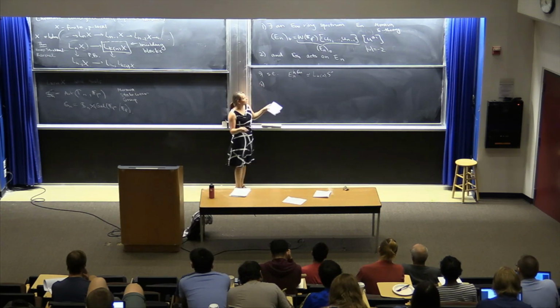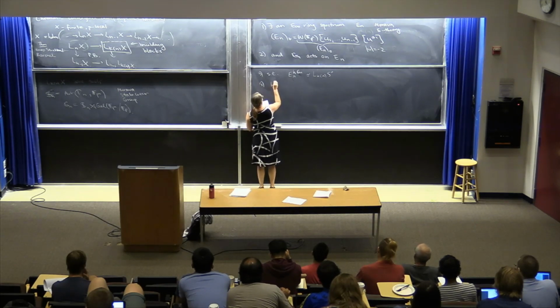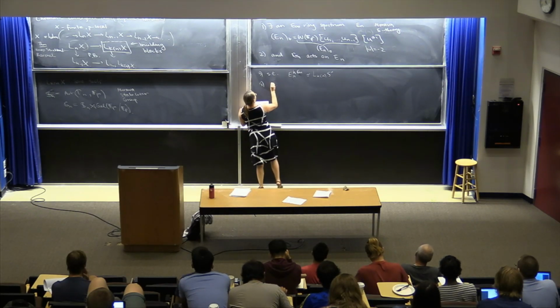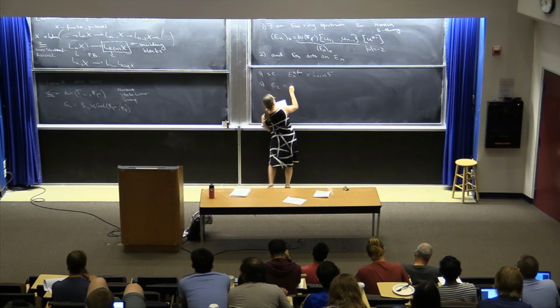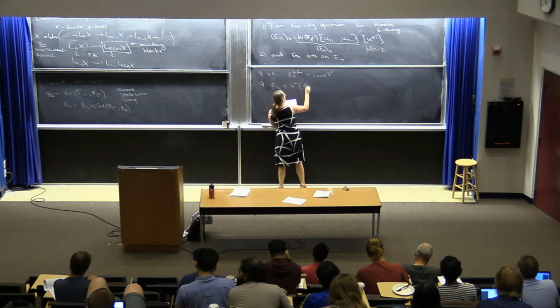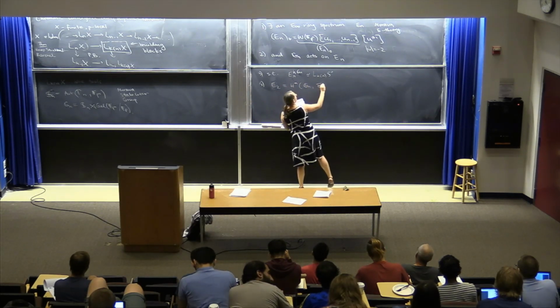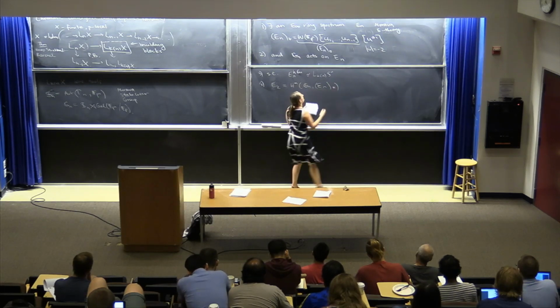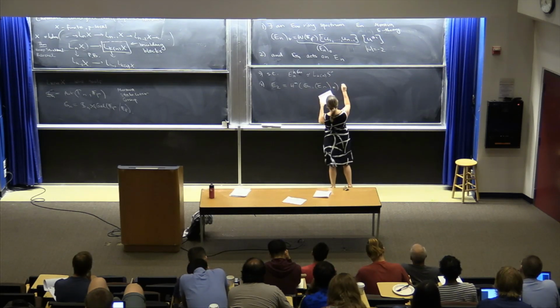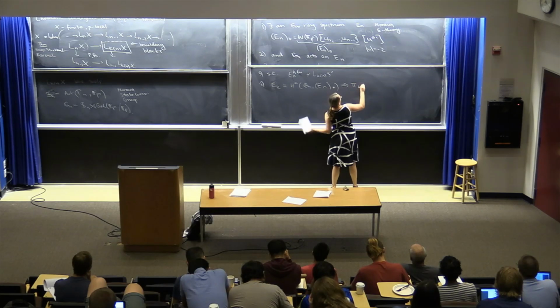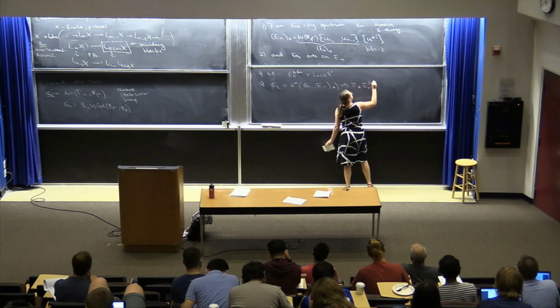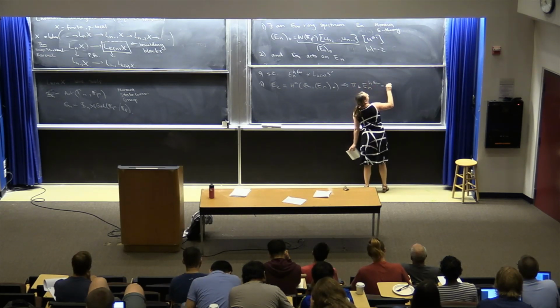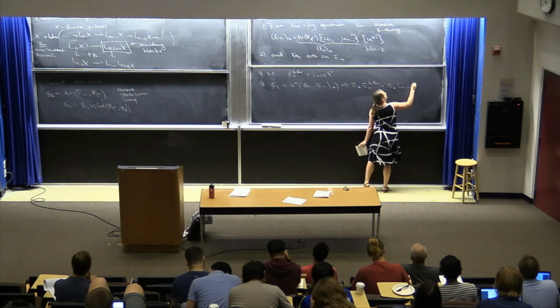And then there is a spectral sequence whose E_2 page is the cohomology of this group acting on E_n, and it converges to the homotopy groups of the fixed points, which remember is equal to the homotopy groups of this.